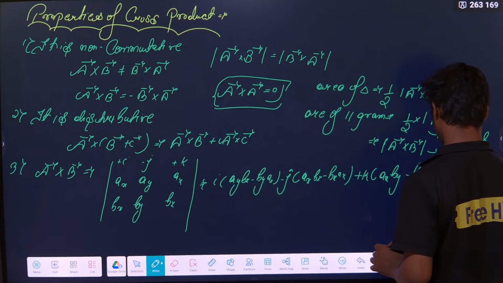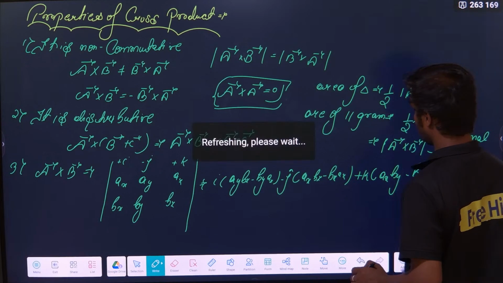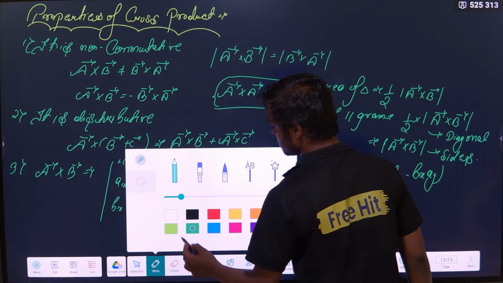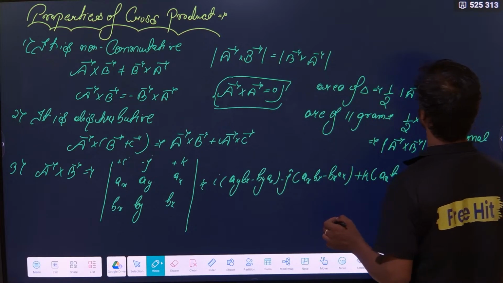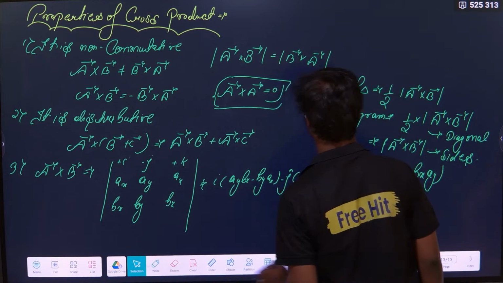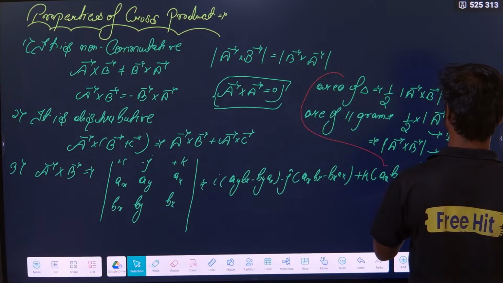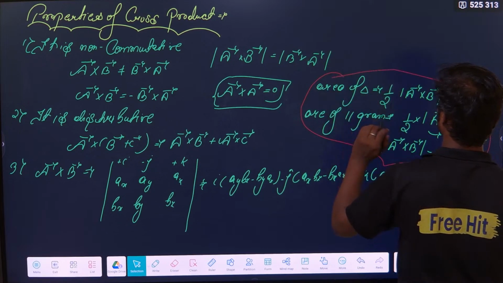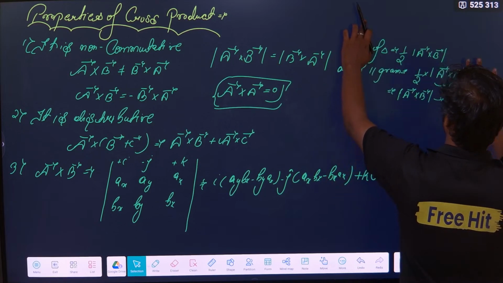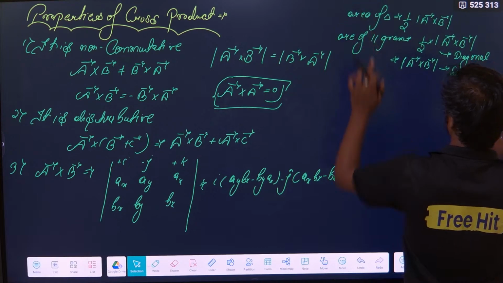And one more very important thing is that, as in the dot product we have seen, here also you remember this. Let me write it here.